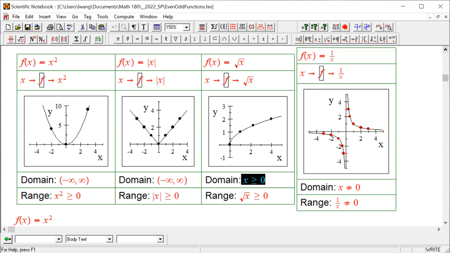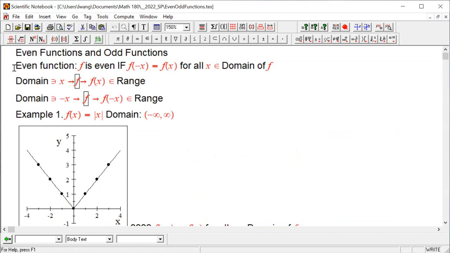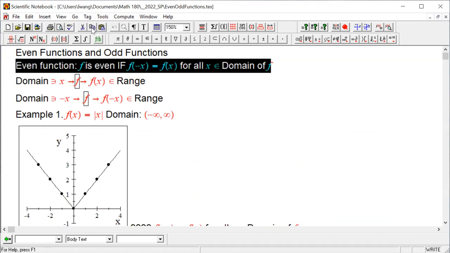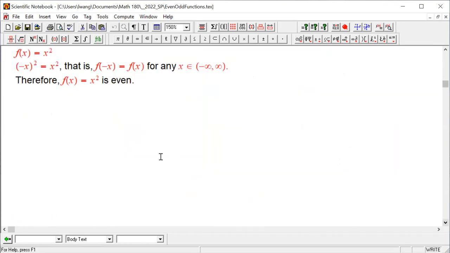So we also know the feature on the graph, right? Next definition we're going to go over is the odd function.